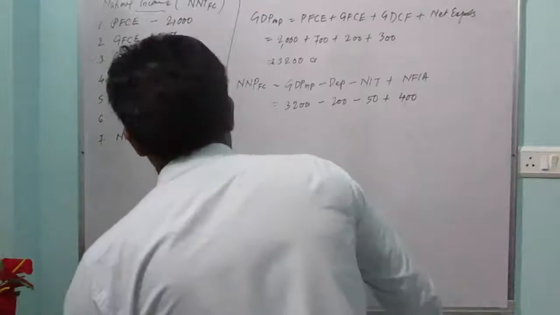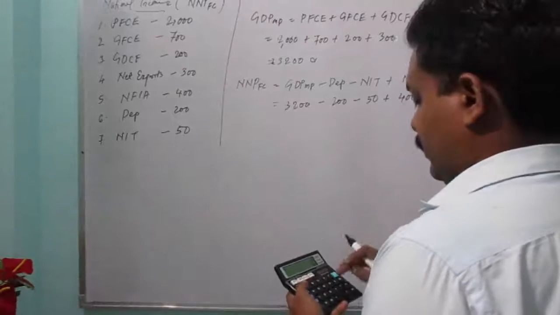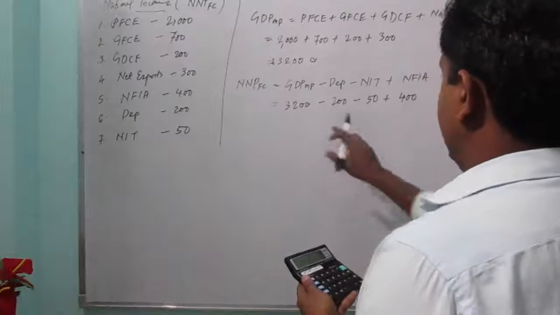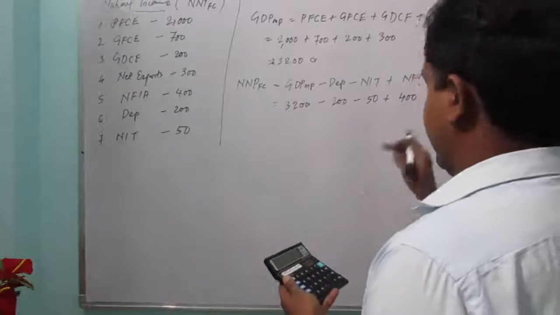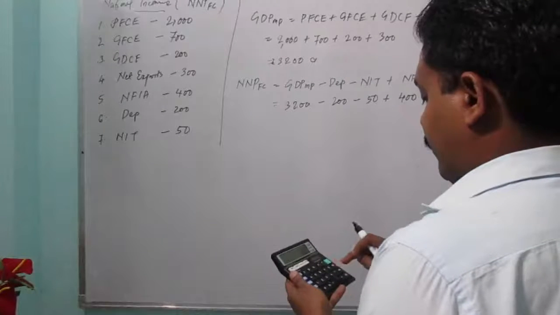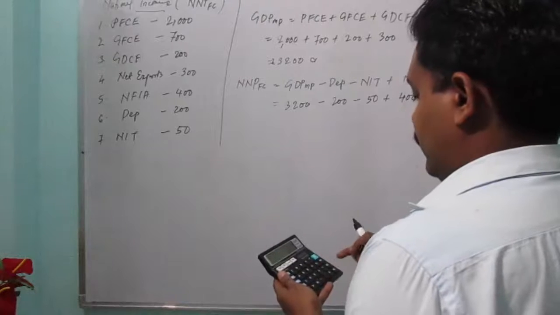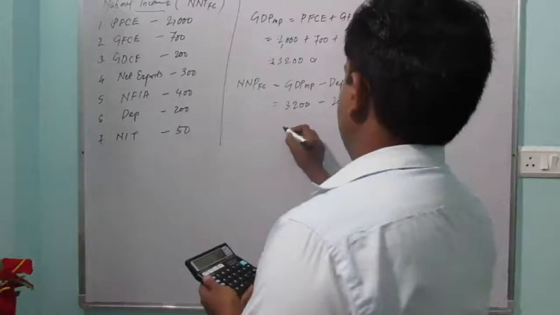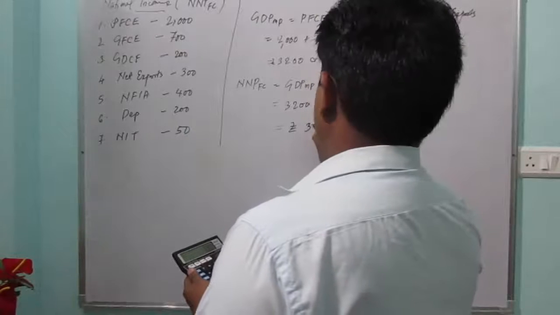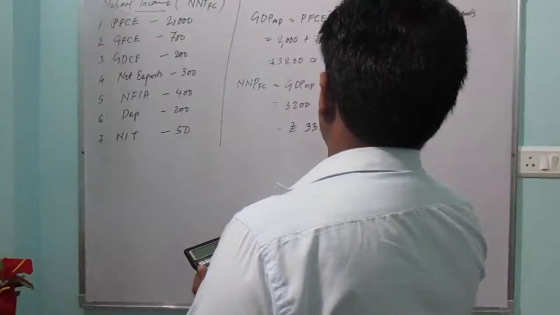Okay, now add: 3200 plus 400 is 3600, minus 250, that is rupees 3350 crore.